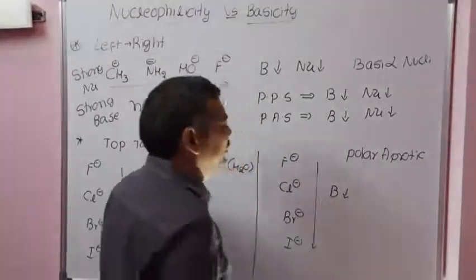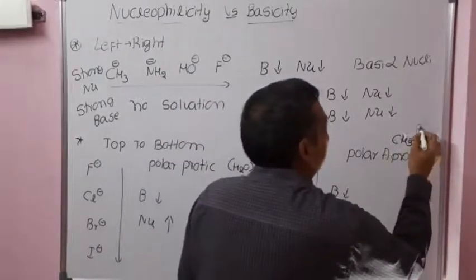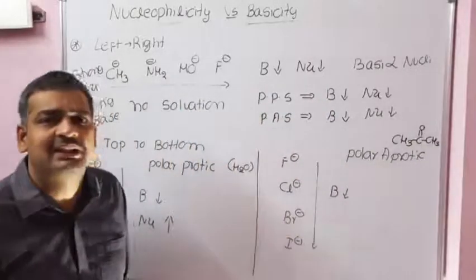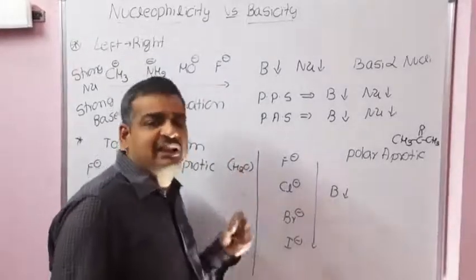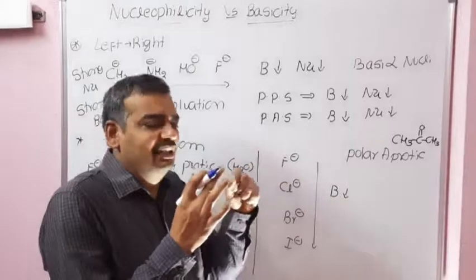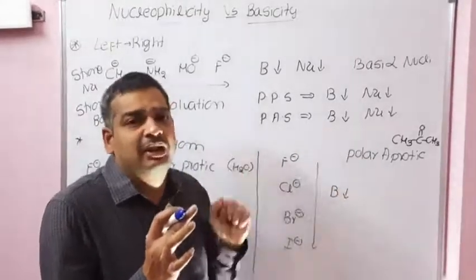Whereas here, in polar aprotic solvent, let's say acetone, CH3COCH3, or you can take any THF, DMF, acetonitrile. The only thing is repulsion. Size is small, electron density is more, so more repulsions with the aprotic solvent. As a result, it is readily thrown away from the solvent and readily attacks an electron deficient atom.